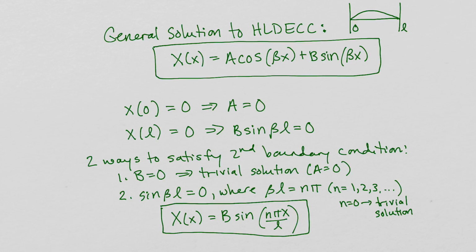So remember we are just plugging in, so you're going to solve for beta here. So here beta equals n pi over L, and we'll plug that back up here because we want our general form in terms of x.